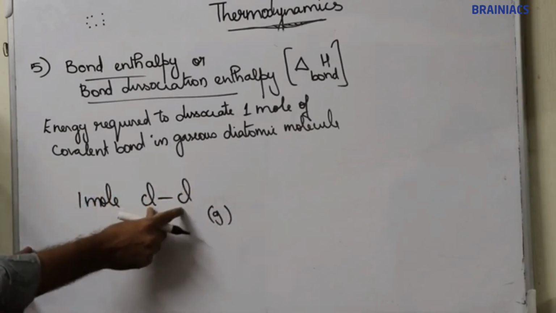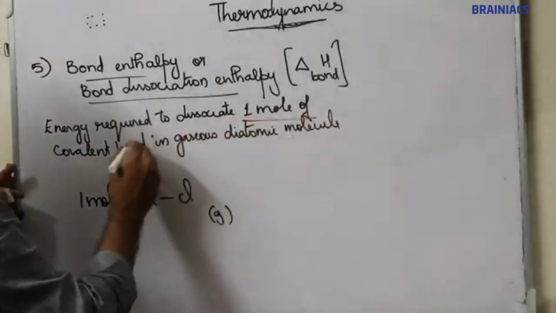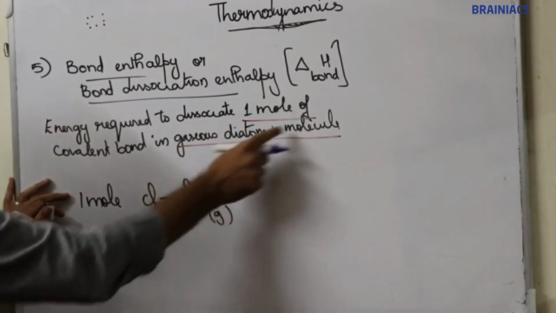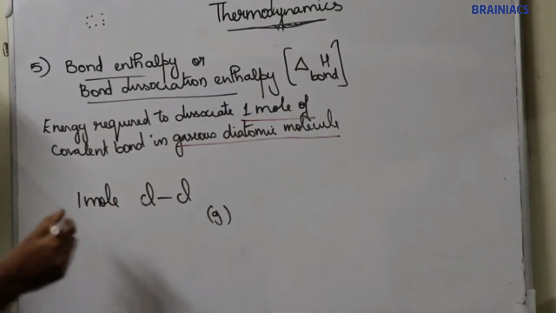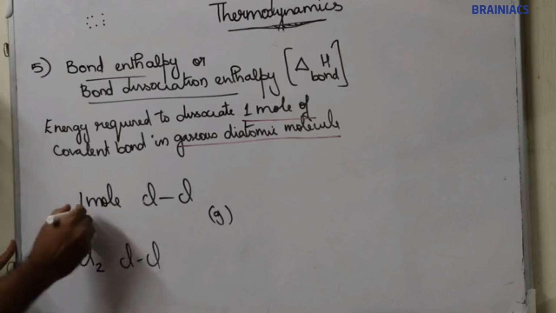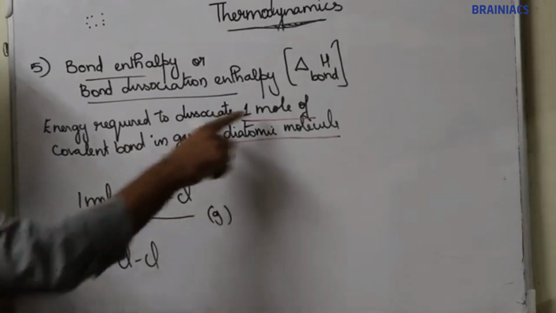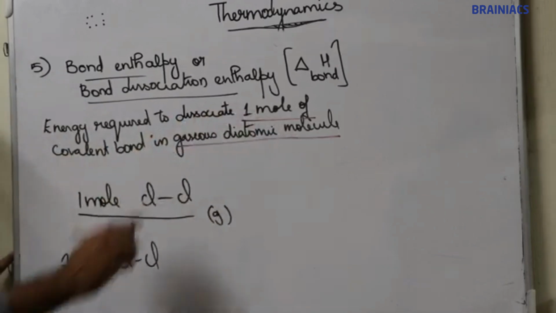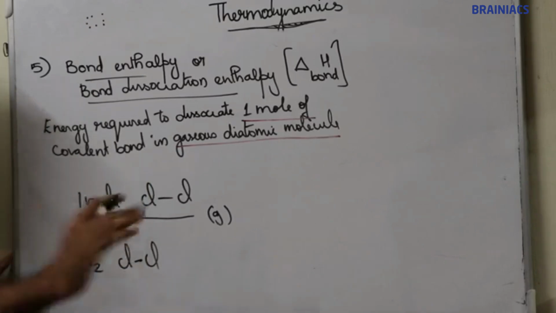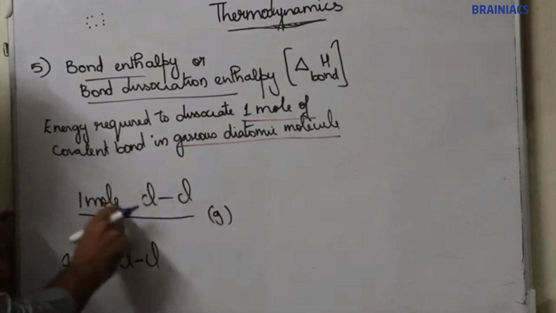Just one Cl2 molecule contains 1 covalent bond, right? Then 1 mole of Cl2 contains 1 mole of covalent bond.